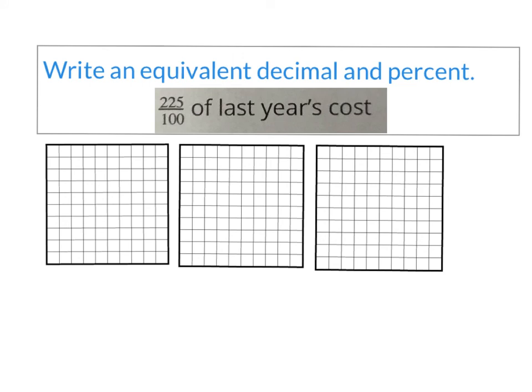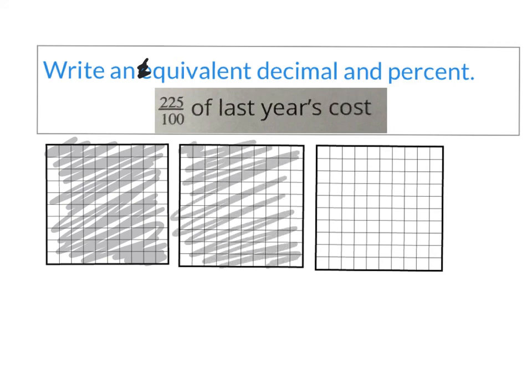Write an equivalent decimal and percent. 225 hundredths of last year's cost. So if I imagine on my grid, it's already out of 100, so here's my 100, 200, and then I have to have 25, so 20 and 5 more.